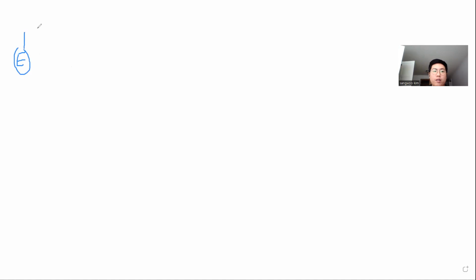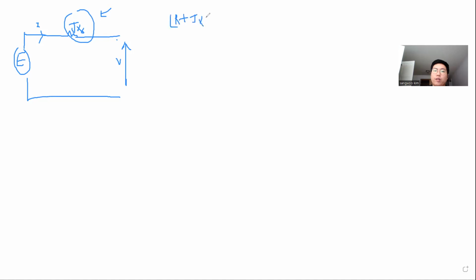E, and here I and JX, and here V. In this case, I will say this is the total reactance. What I mean is we neglect R plus JX. We ignore it. We only consider this armature reaction part, right? So first of all, we draw it.